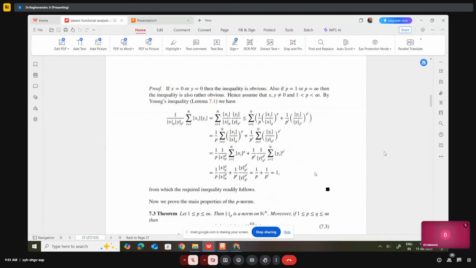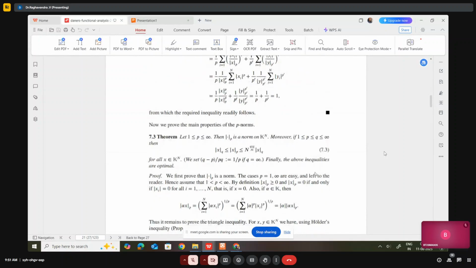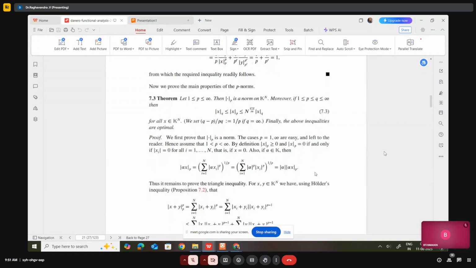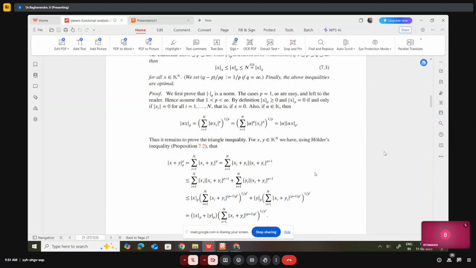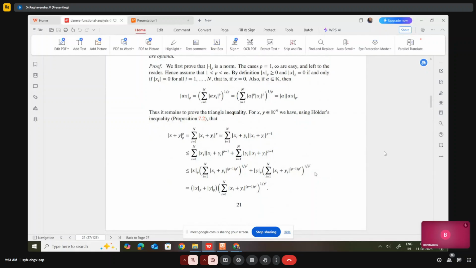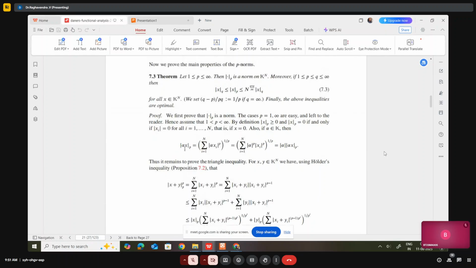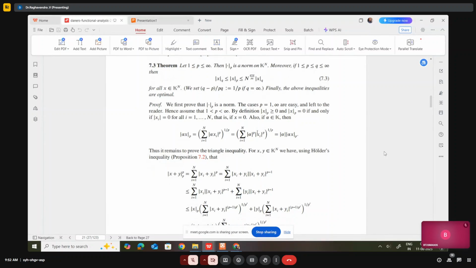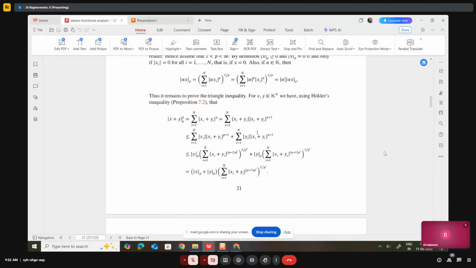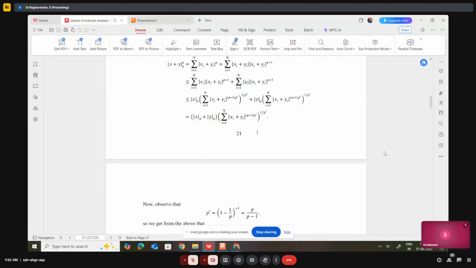This is Holder. This is what I was telling you. Theorem 7.2, that this norm p is an LP norm on Kn. That's what we had shown. That's what we are using there.